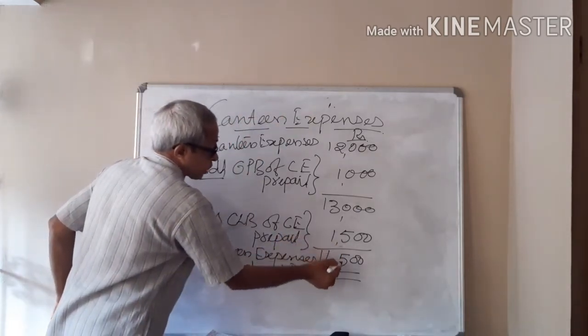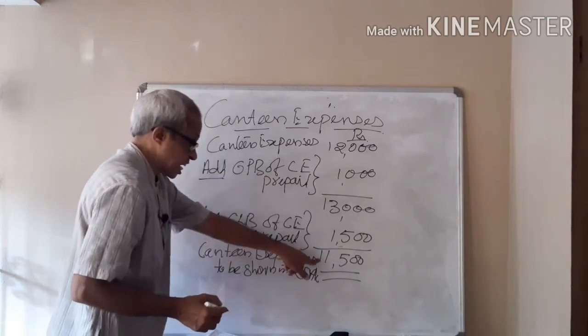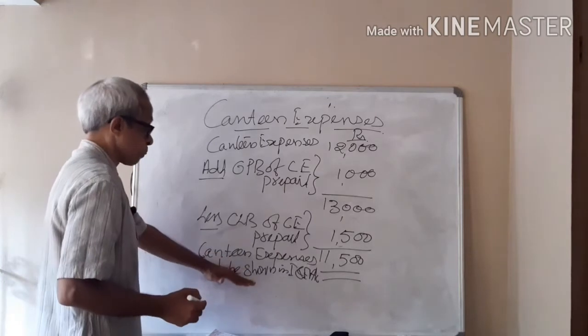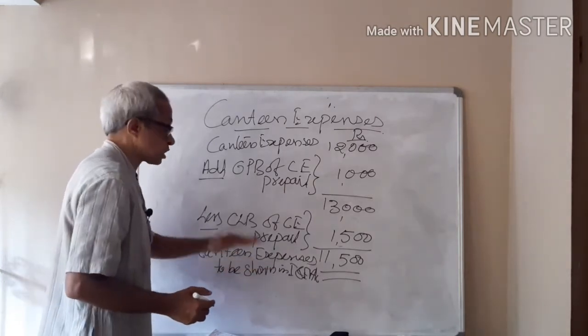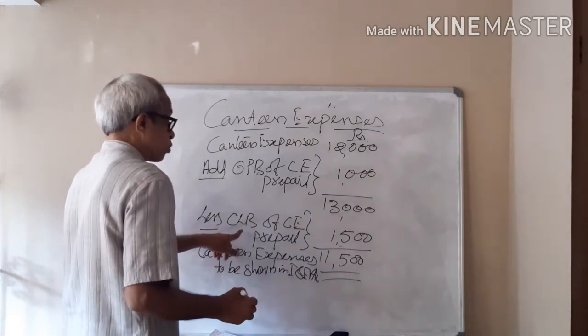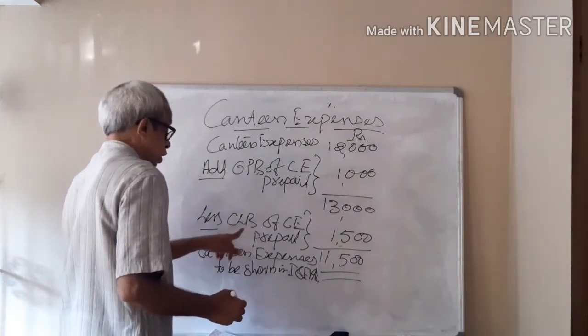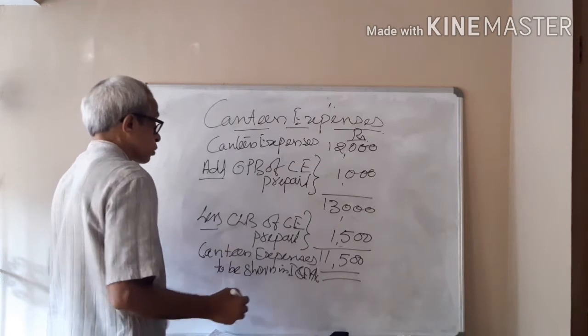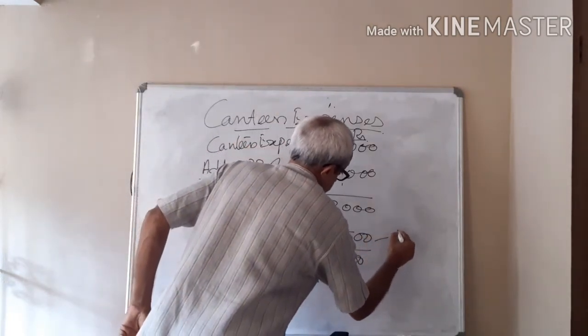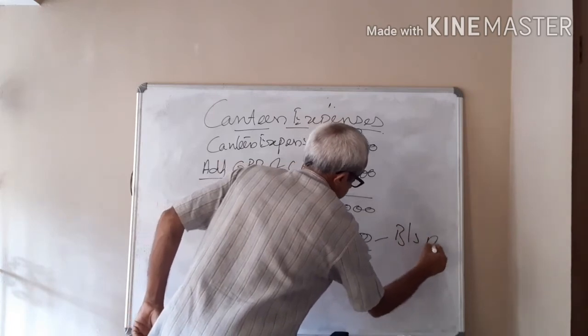That 1500 has been deducted. This 11,500 is the total amount of canteen expenses to be shown on the expenditure side of income and expenditure account. In the closing balance sheet, the closing balance of canteen expenses prepaid may be shown on the asset side.